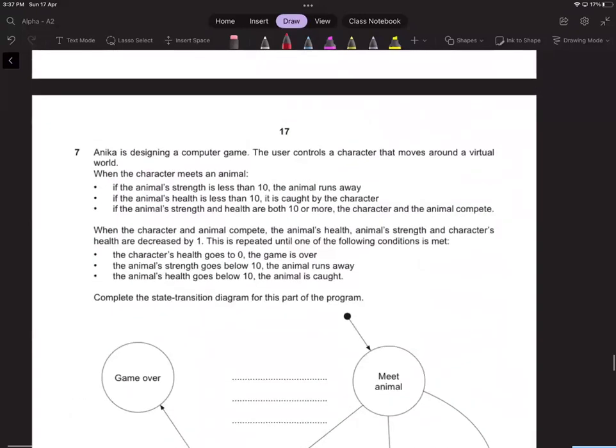If the animal's strength and health are both 10 or more, the character and the animal compete.